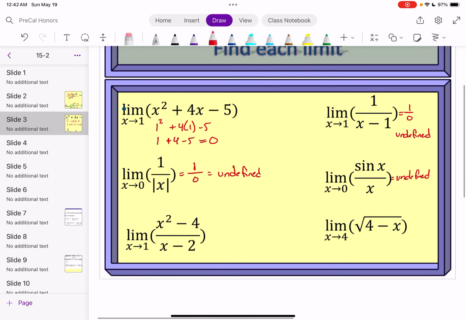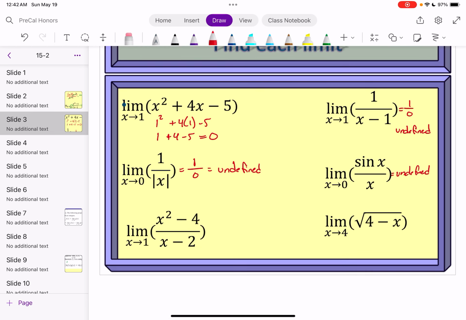As we go onto our next problem, we can notice that because we do not end up with a 0 in our denominator, we can plug in the 1 into our problem. Here we have 1 squared minus 4 over 1 minus 2, 1 minus 4 over a negative 1, and we end up with a negative 3 over negative 1, or 3 as a final answer.